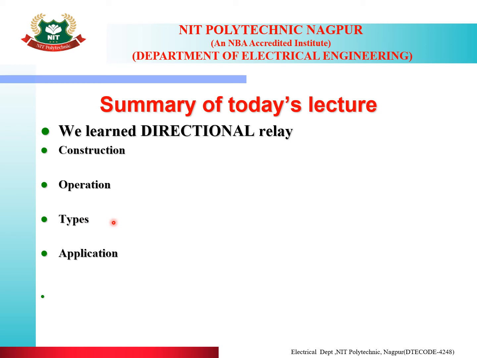So the type is the directional power relay, which will sense the power flow from one source to another source. This directional relay is generally used in substations and generating stations, where the source is the generator.